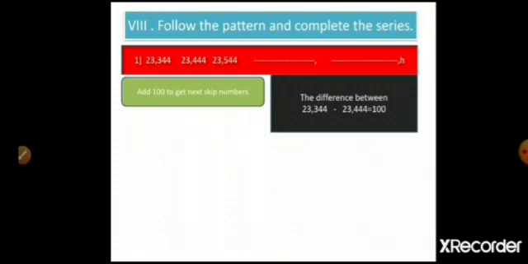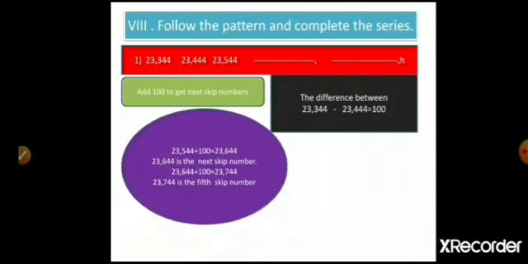23,544. To that number we add the difference. What is the difference? 100. So we add it to 23,544. Then we get the next skip number, 23,644. So this is the fourth skip number. Now we find the fifth skip number.